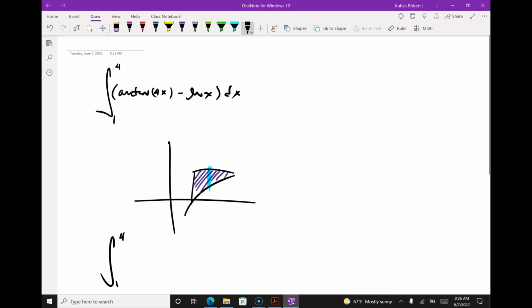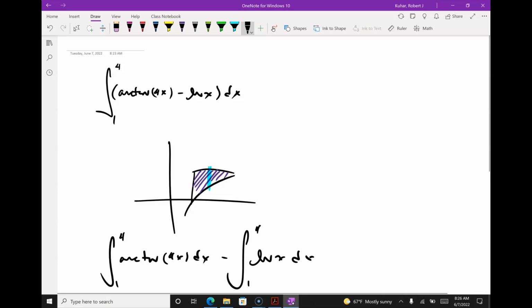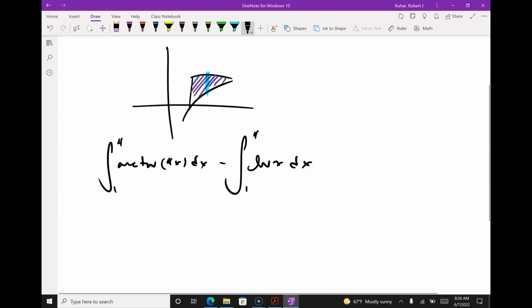So we need two integrals. Arctan of 4x dx minus from 1 to 4 of ln of x dx. Good. So let's do those. Those are both by parts. Both by parts. So good practice for today. I'll call the first one star and the second one hashtag, and I'll just work on those two, right?